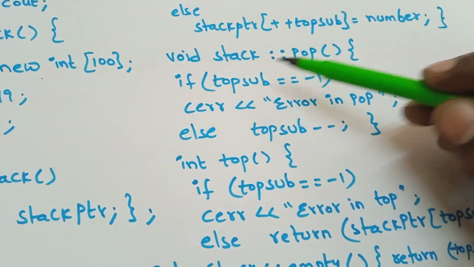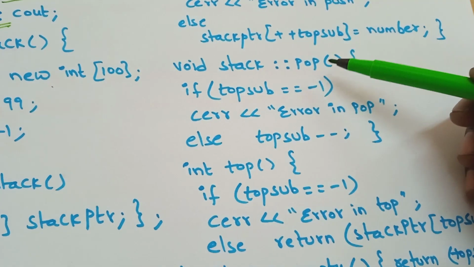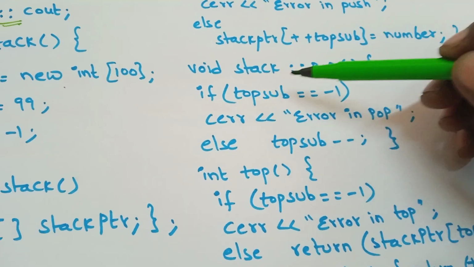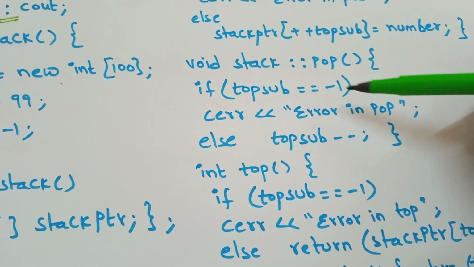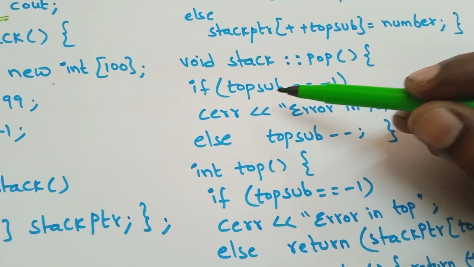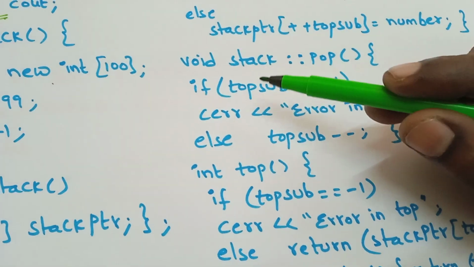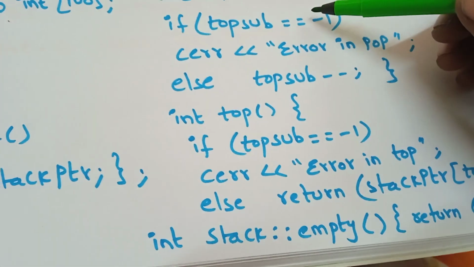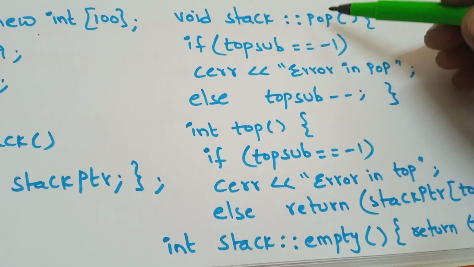And void stack pop operation is defined for this stack class. And if top equals -1, did you notice this? In the earlier program we wrote an empty function. Now I'm taking the condition directly. That's what I told you in the last video.